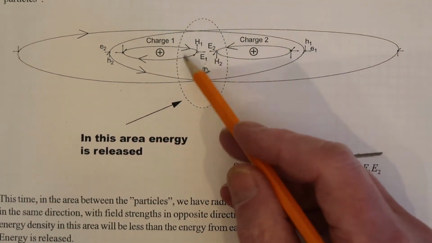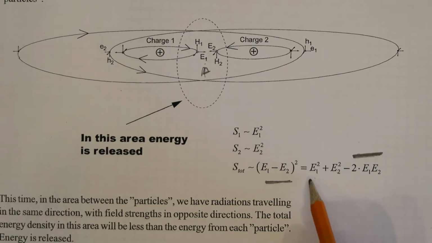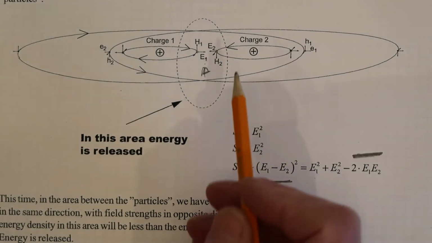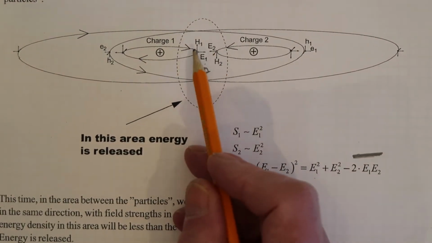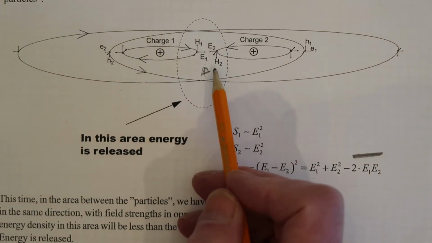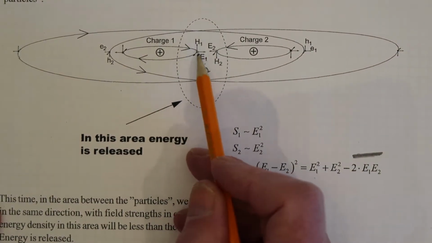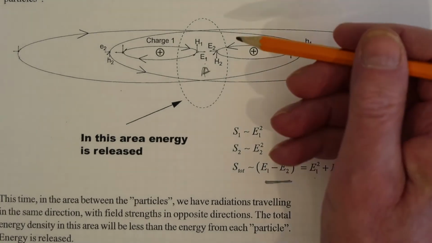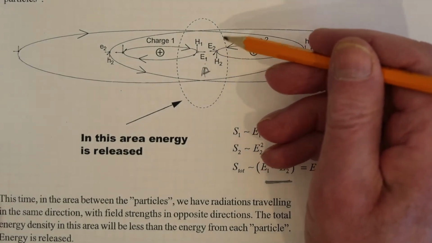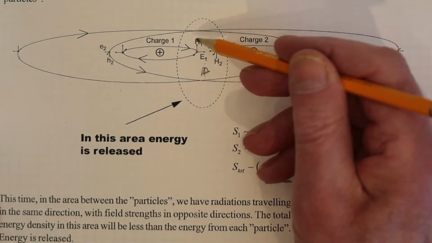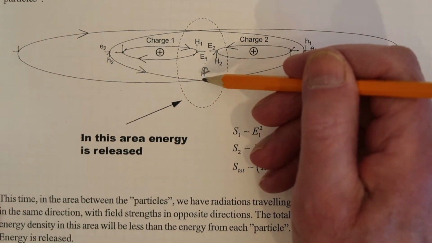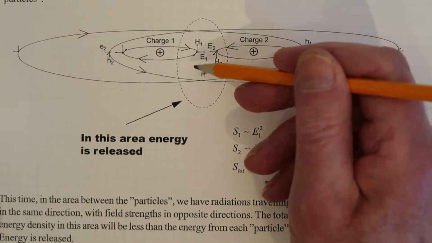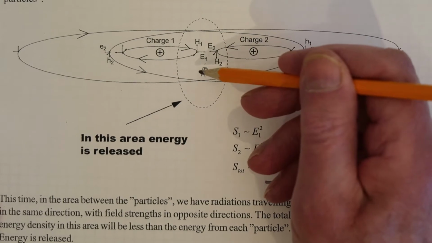Between the charges, the energy is lower than the combined radiations. And the only explanation is that in this area the radiations are traveling faster than the speed of light, the traditional speed of light.